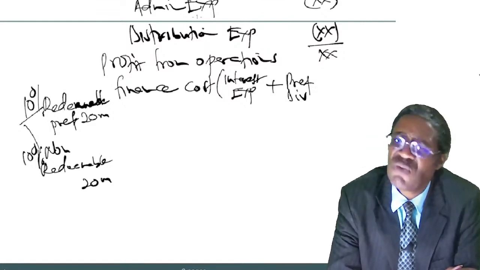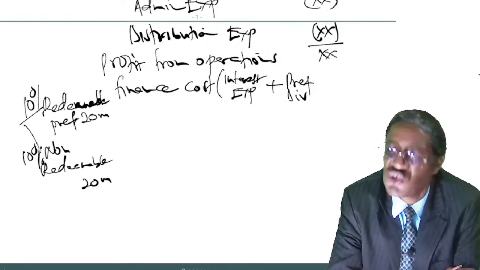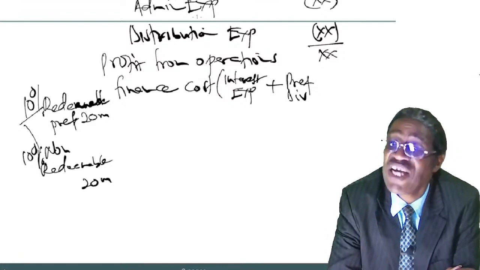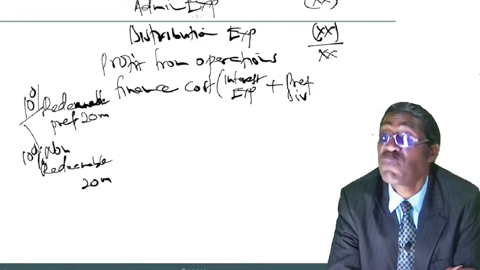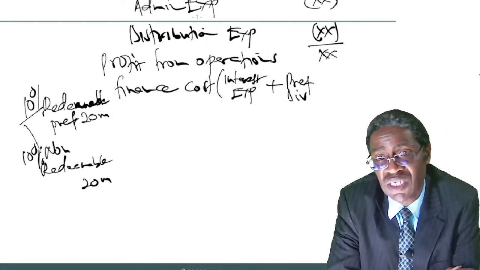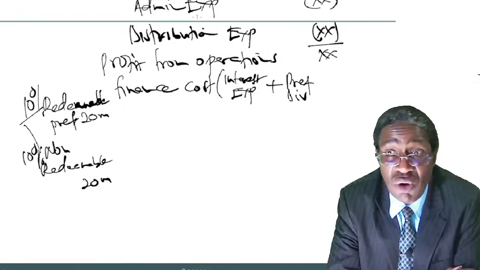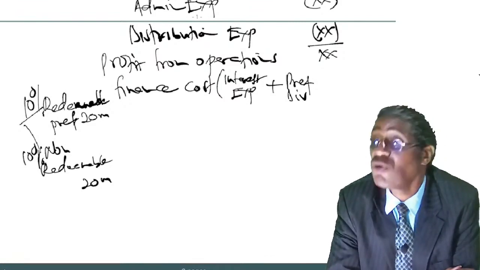But which of the two will you consider the 2 million as a finance cost, not an appropriation of profit? Is it dividend on redeemable or is it dividends on non-redeemable?